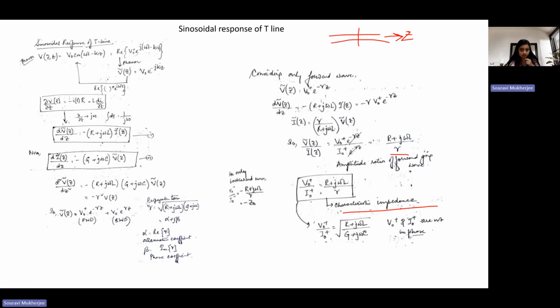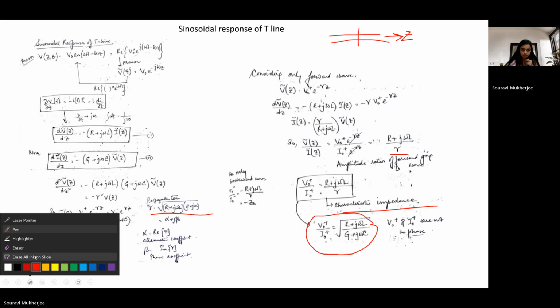So that means this also tells us that the voltage and the current are not in phase in general. There can be certain conditions where these terms cancel out and become a real quantity, but in general, these are complex quantities. So voltage and currents are not in phase. Now here, if you put the expression of gamma here, you would get this form. So this is how you define the characteristic impedance of your transmission line.